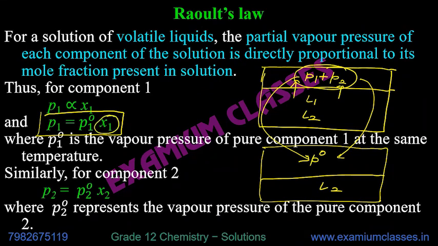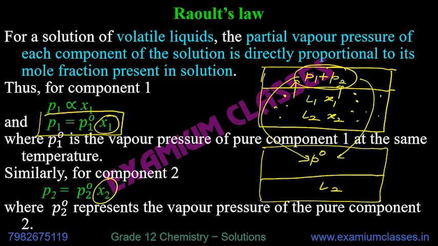with mole fraction. So here L1 has X1 moles of the vapor phase and L2 has X2 moles of its vapor phase dissolved into it. What I'm saying is, it is volatile, but there will be some vapors inside it. The mole fraction of that is X1 inside liquid 1.